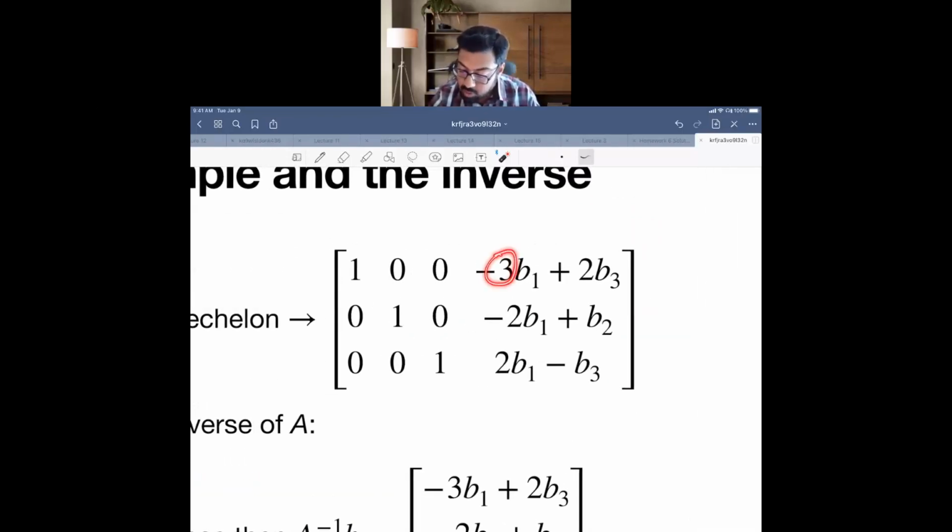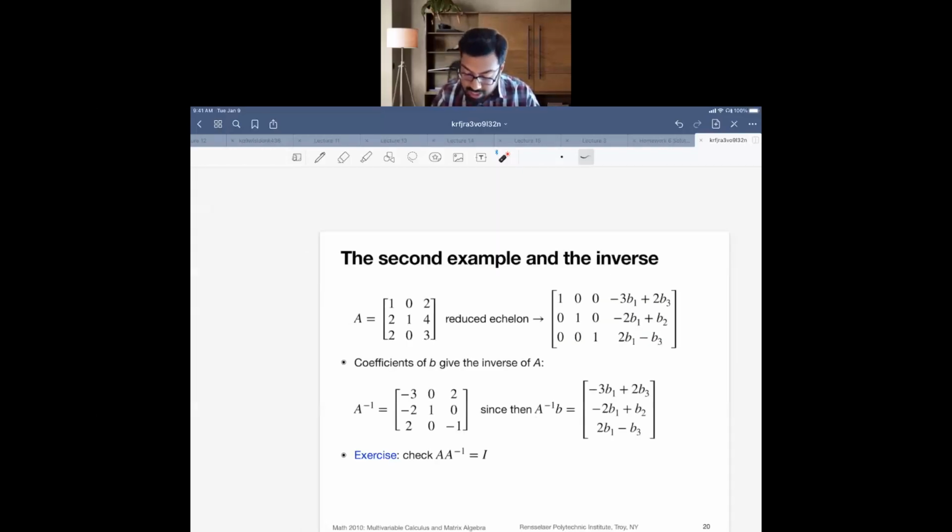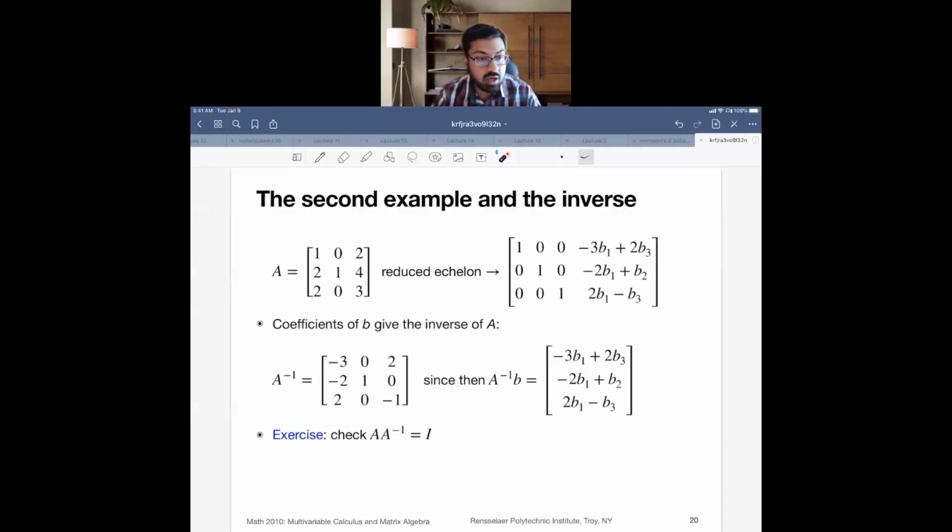Negative 3, 0, 2. Negative 2, 1, 0. 2, 0, negative 1. So those are actually the elements in A inverse, since if you did A inverse multiplied by B, you would get back this particular vector over there.